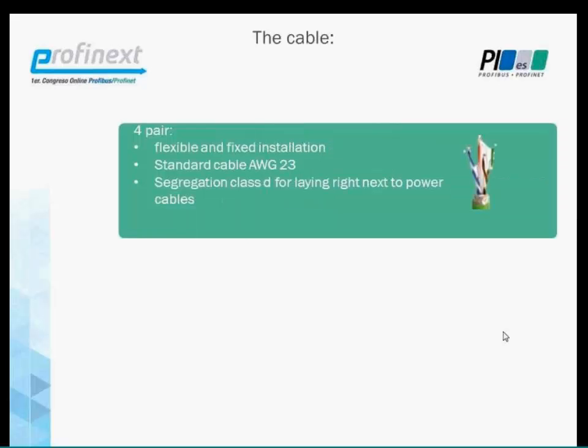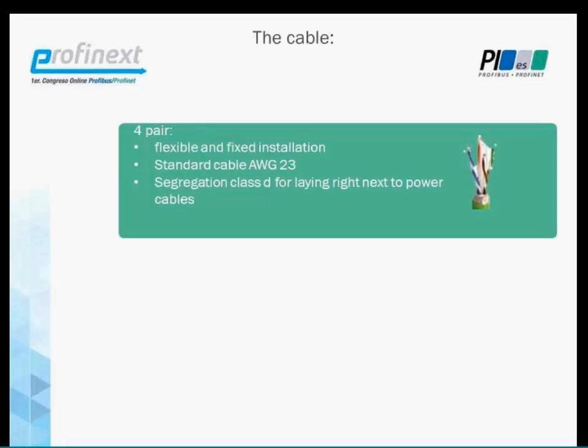To have different cables, you need 4-pair cables with flexible and fixed installation, and you need them in American wire gauge 23, so that you can use them for long distances.